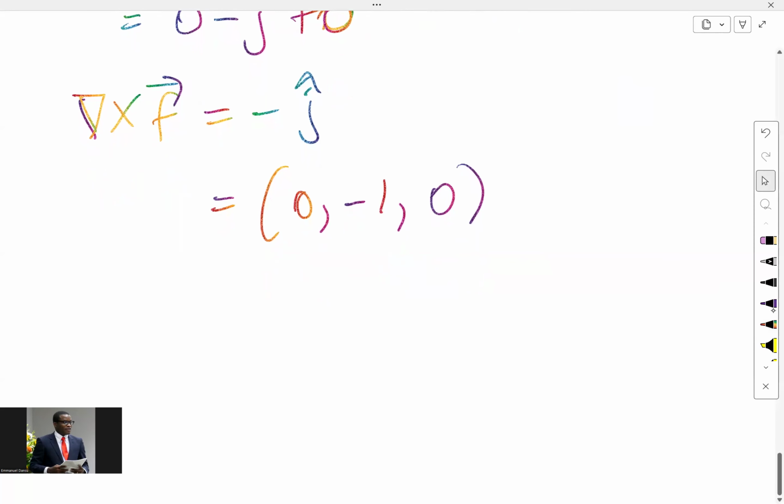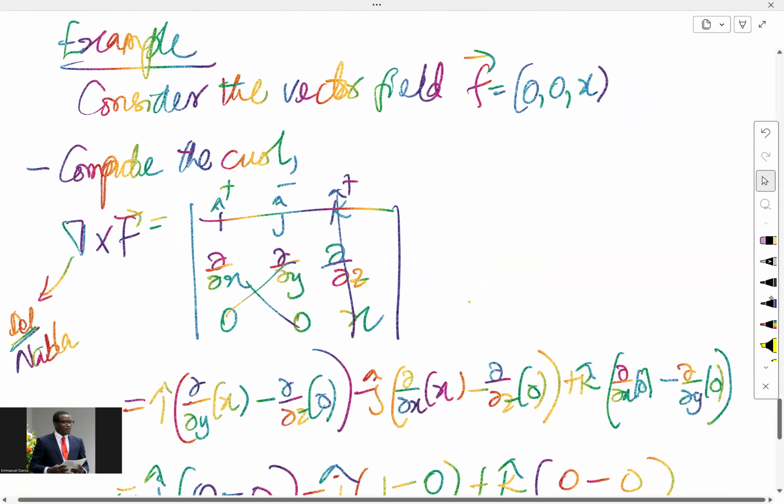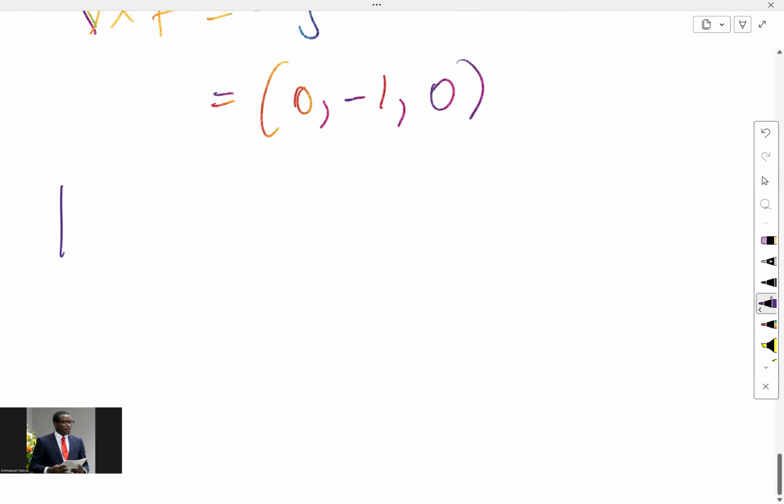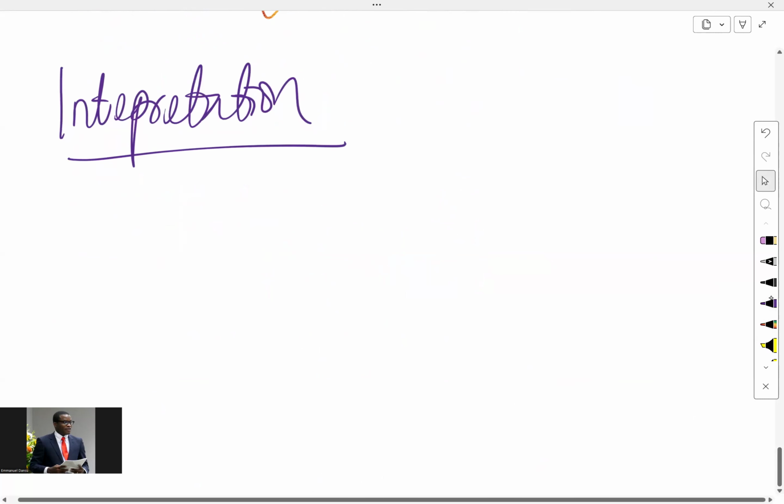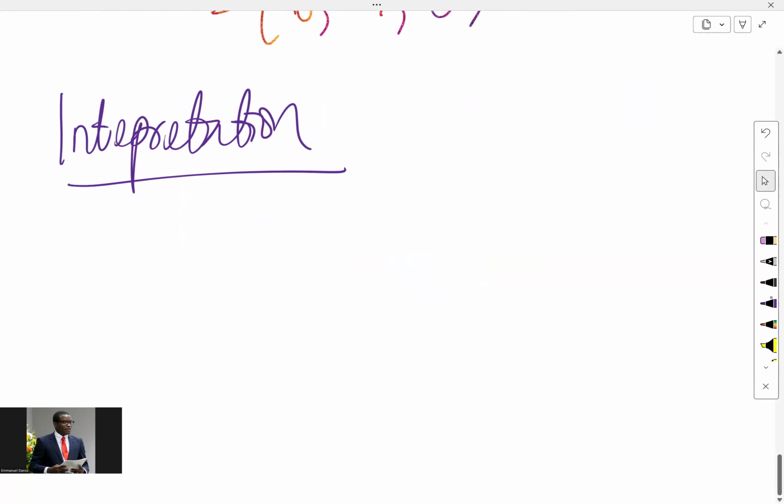So talking about the interpretation, what is the meaning of curl?